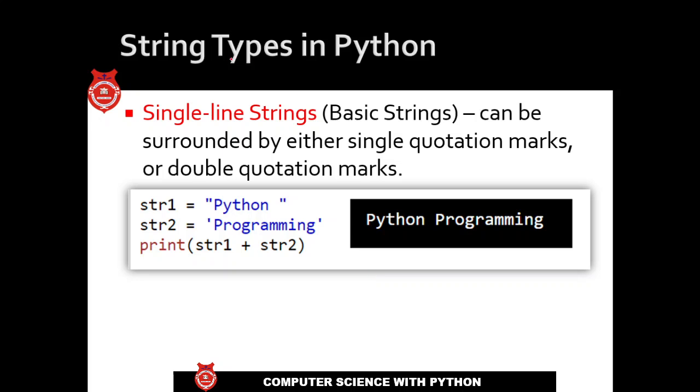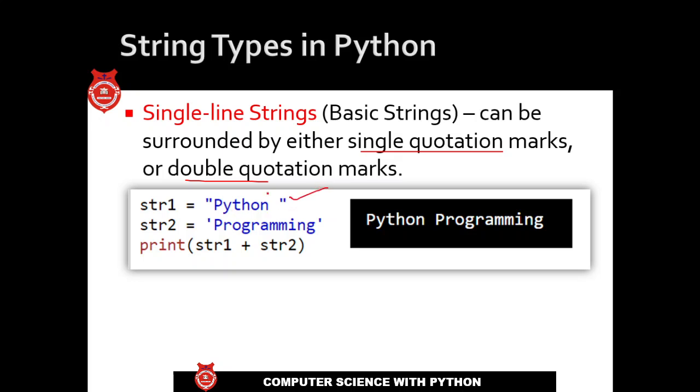Now let's go to strings in Python, the basic strings. A string is a collection of letters or numbers or anything. Python's strings can be surrounded by either single quotes or double quotes. As you can see, str1 equals Python, which is enclosed in double quotes.